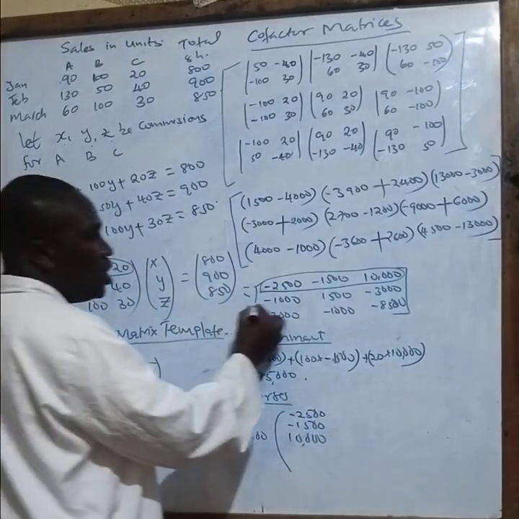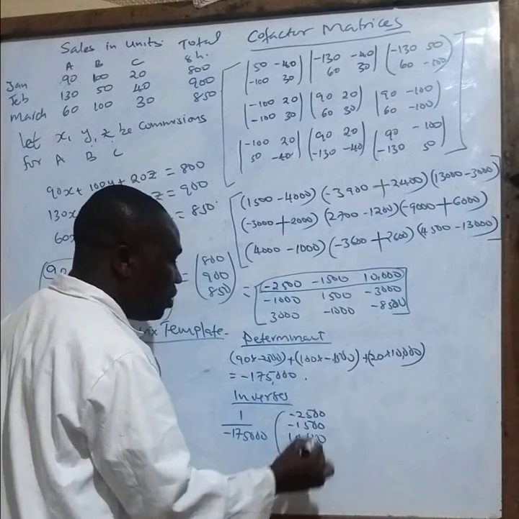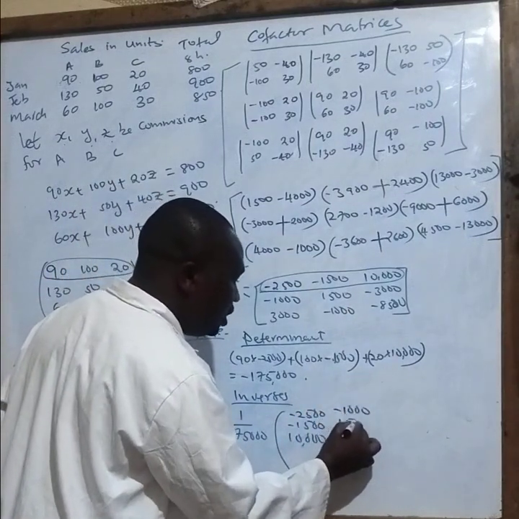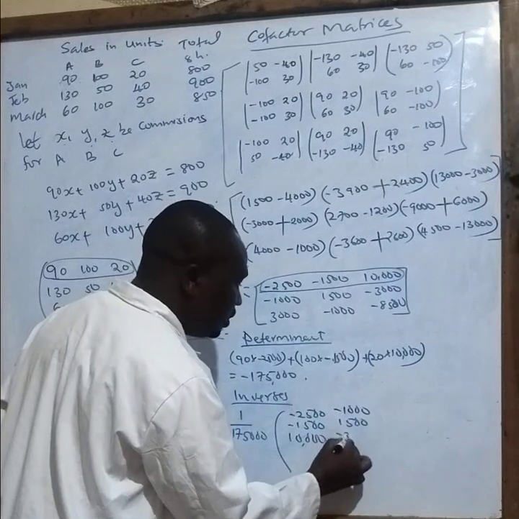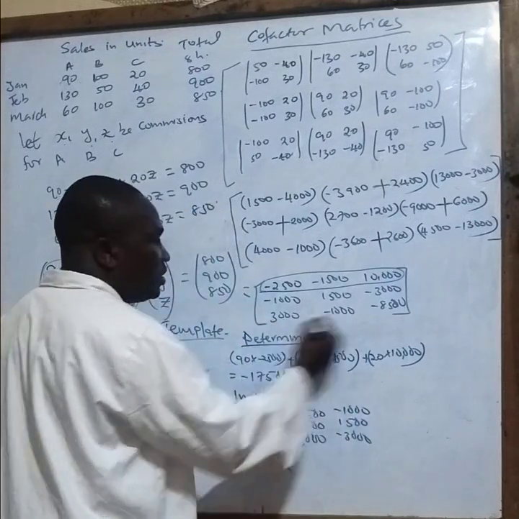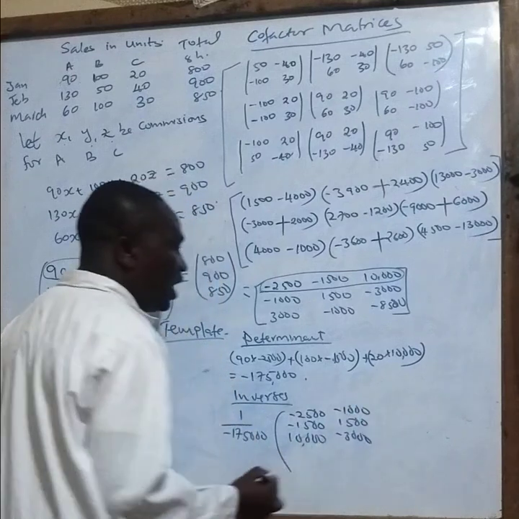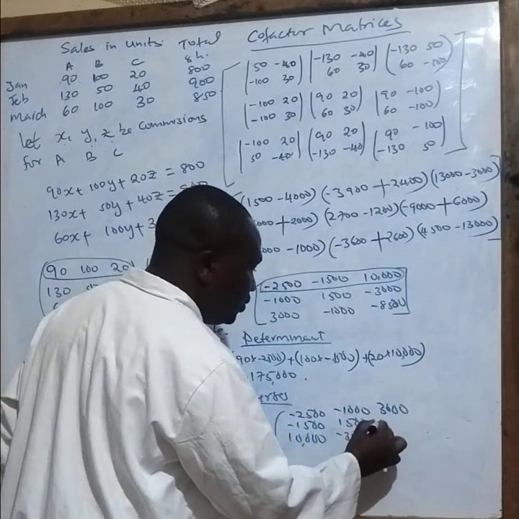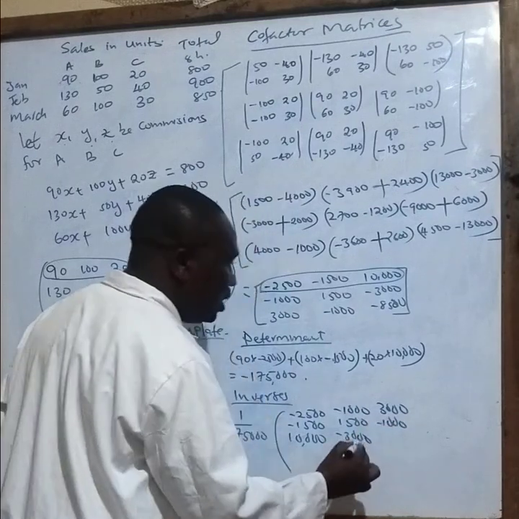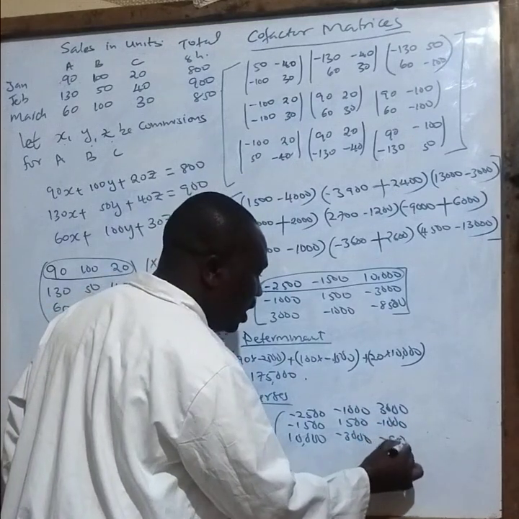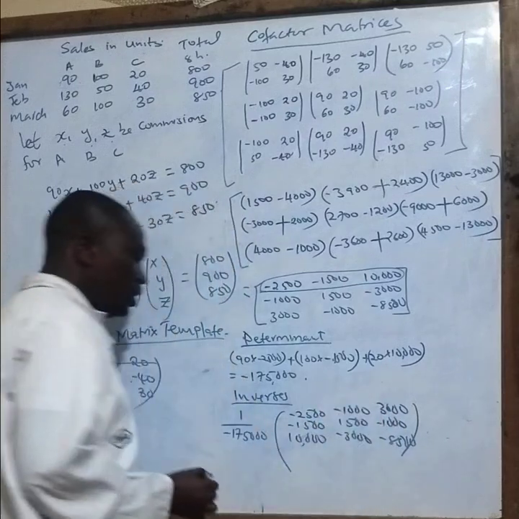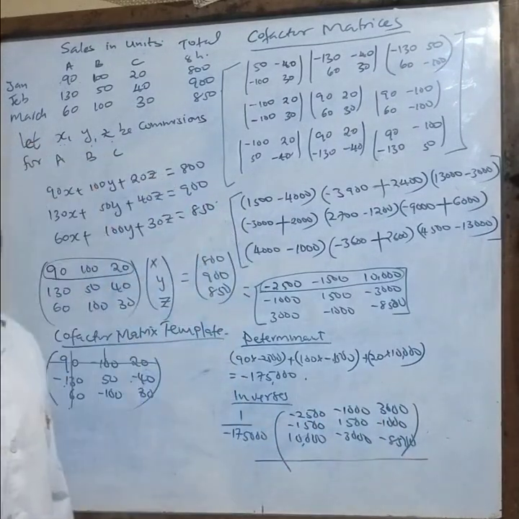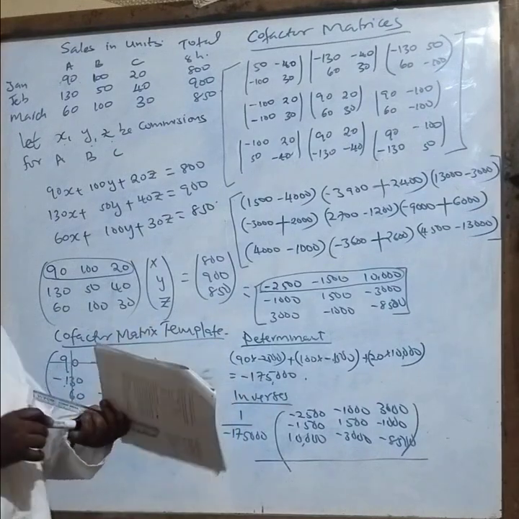Then the second row becomes the second column, which is negative 1,000, 1,500, negative 3,000. Then the last row becomes the last column. So it is 3,000, negative 1,000, sorry, and negative 8,500. This is your inverse.